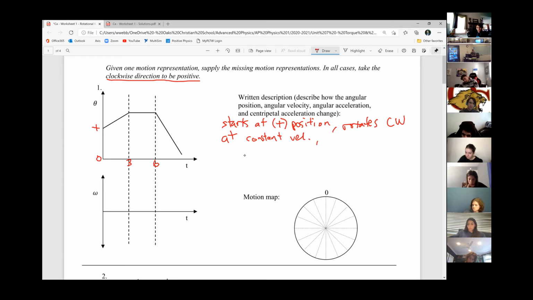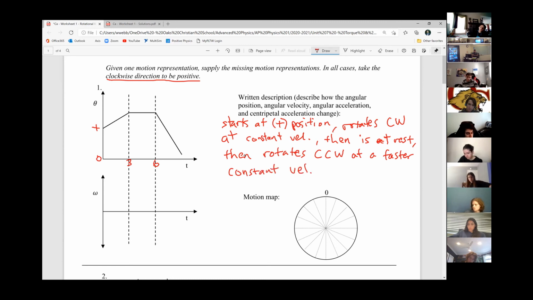Then is at rest. Then rotates counterclockwise, so CCW for counterclockwise, at a faster constant velocity.